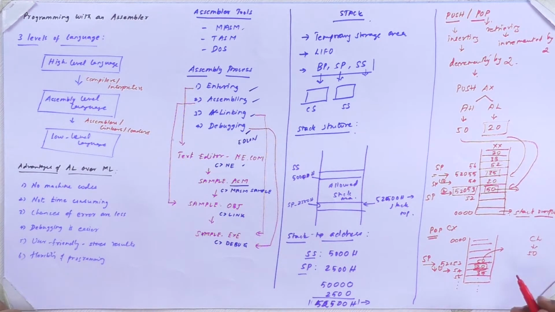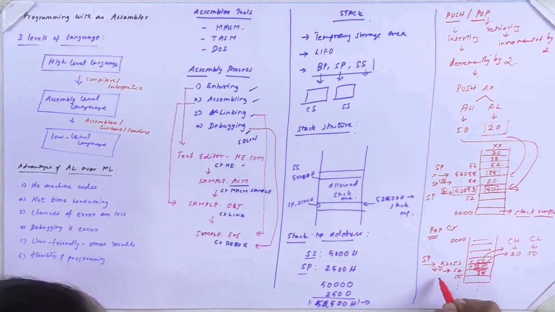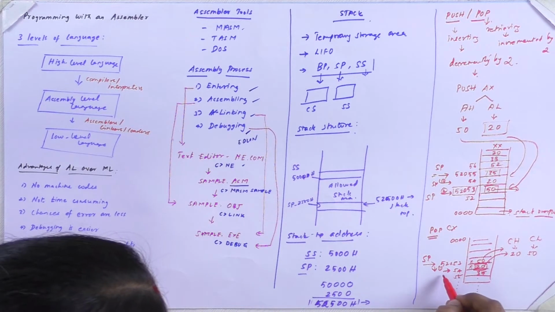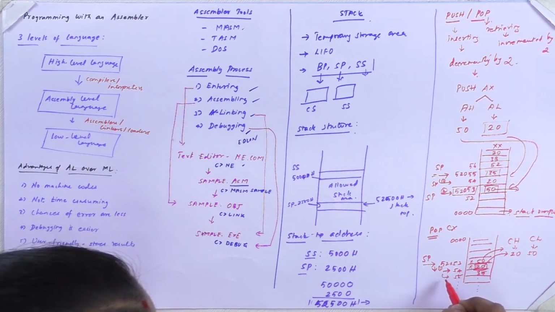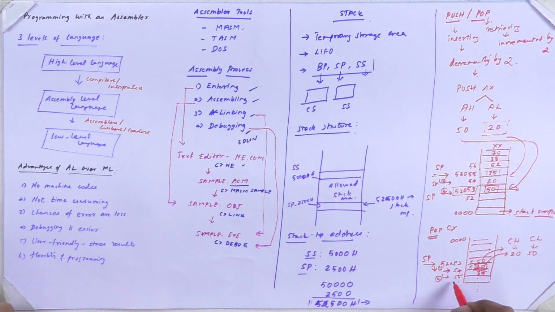This value is also retrieved into CH. Now this becomes empty and this becomes empty. The stack pointer again increments by 1 and points to location 52055. Now there are no other values in the above area, and the recently added item is 35.